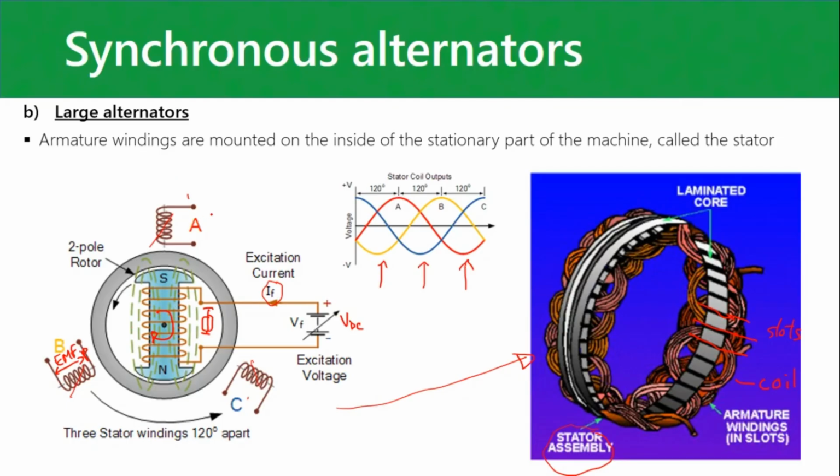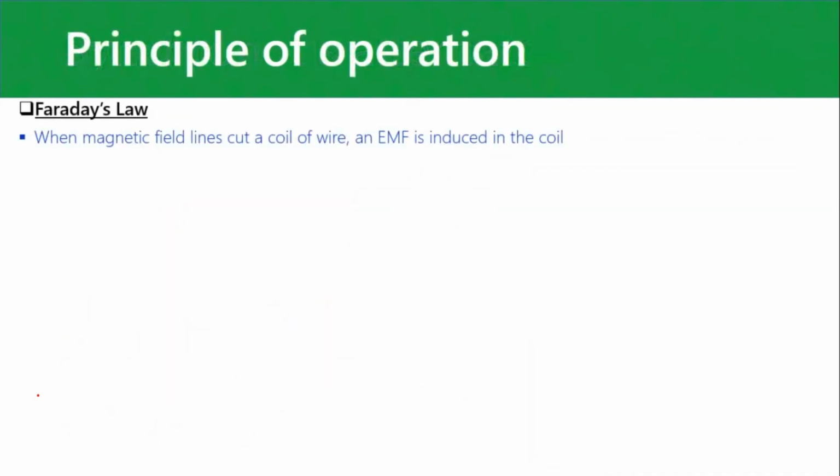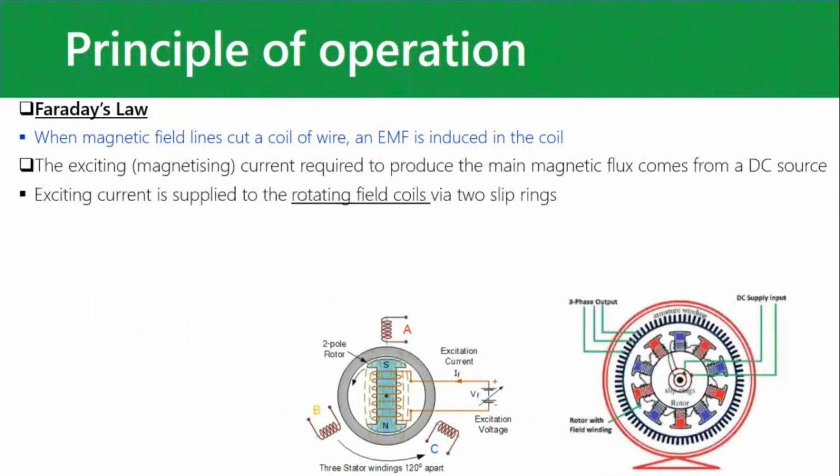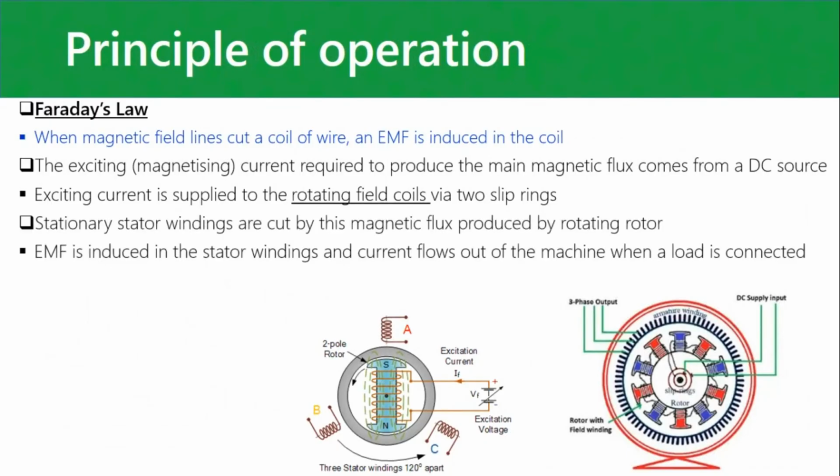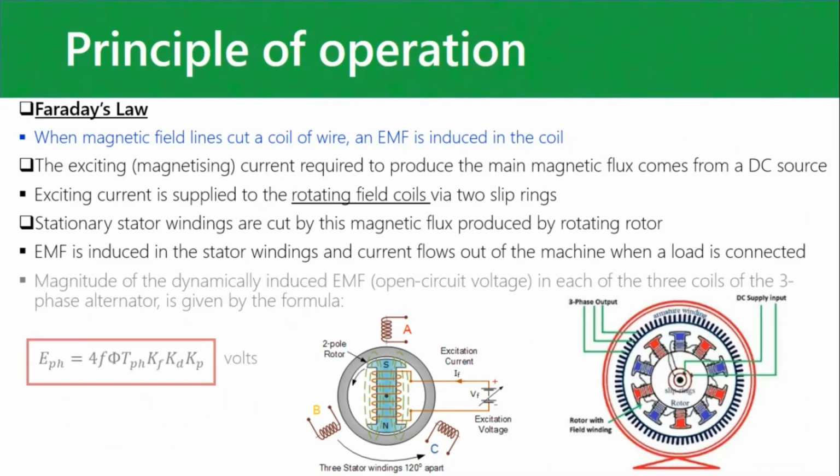So that could be, for instance, red, Y, and B. So we know with Faraday's law, with that rotating magnetic field, then we're going to get this EMF in the armature or the stator windings. And then as soon as you connect a load to these stator windings, then you're going to get output current.